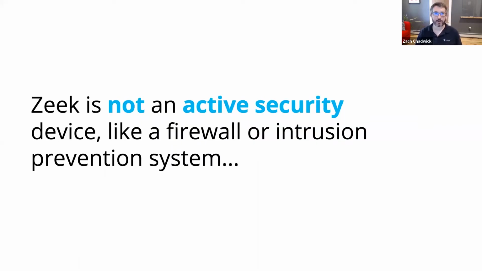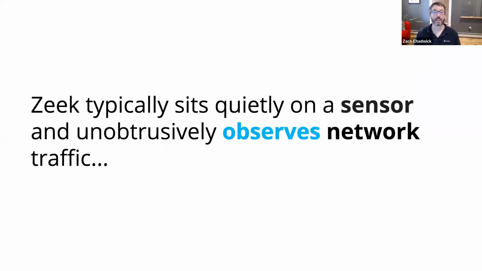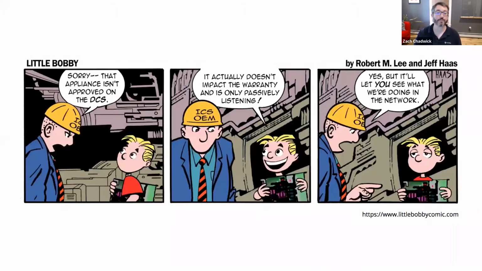Typically, you think about network security tools or network monitoring tools, and they could be an active tool, and that's something like a Suricata or Snort or maybe a DPI firewall that's going to sit in the middle of your traffic and decide whether or not packets get through. Zeek is not that. Zeek is going to sit and watch your system passively as the packets go through and just observe things, write down essentially everything that it sees going through and report that later on.